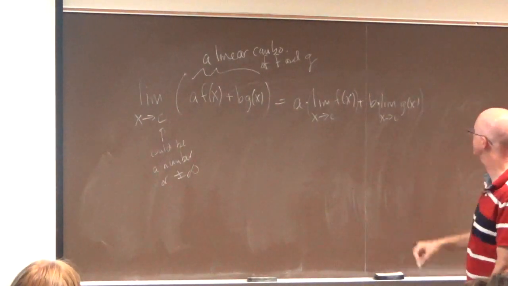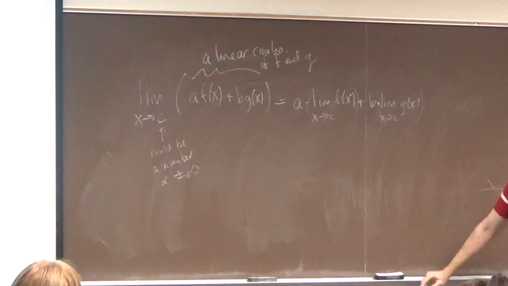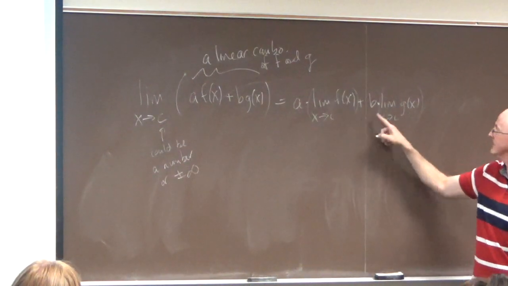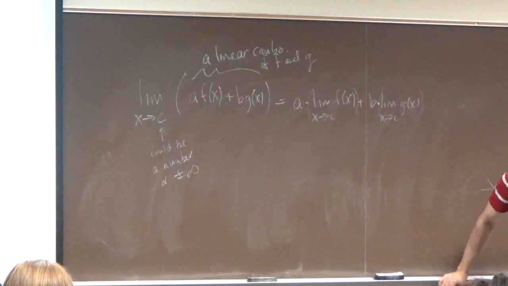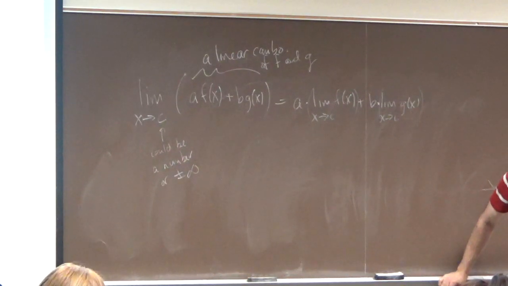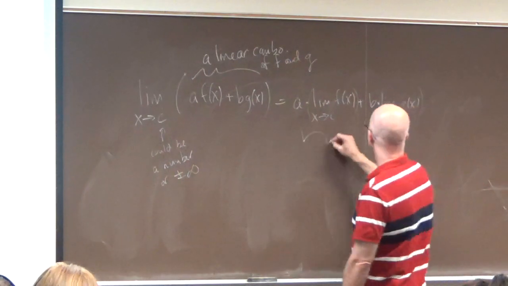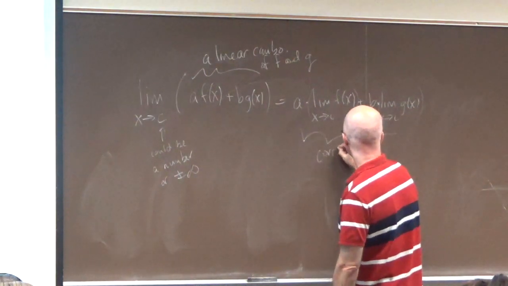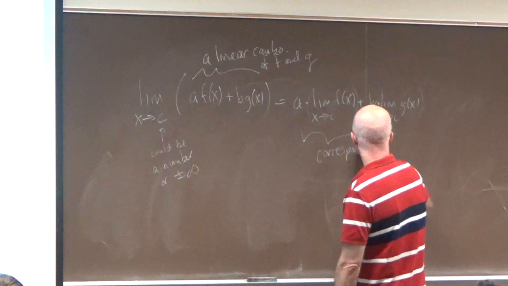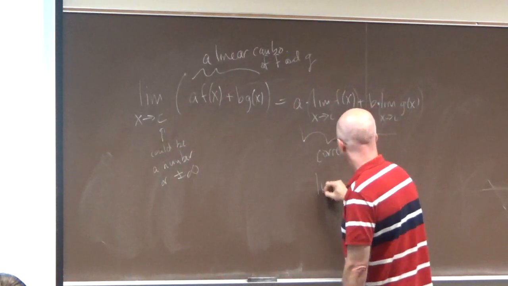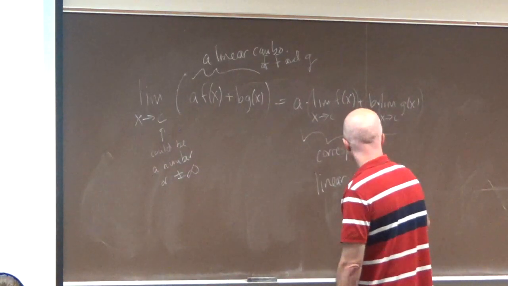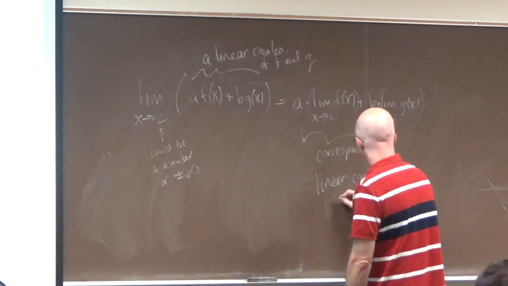Their limits, if they exist, are numbers. This is just a times some number plus b times some other number.